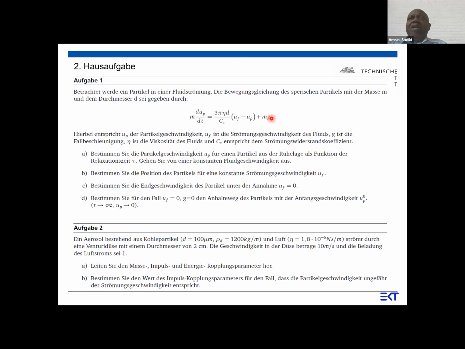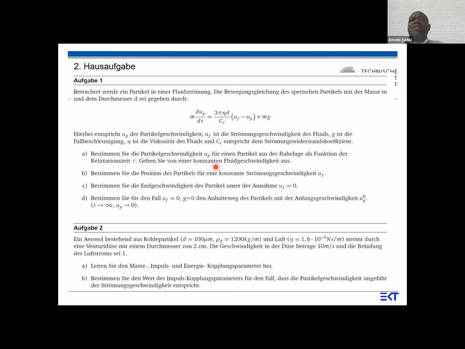The question is how we can solve this to obtain the velocity of the particle, assuming that the particle has velocity 0 at time t equal to 0, and to obtain this expression as a function of the relaxation time, as a function of this quantity, which is u.